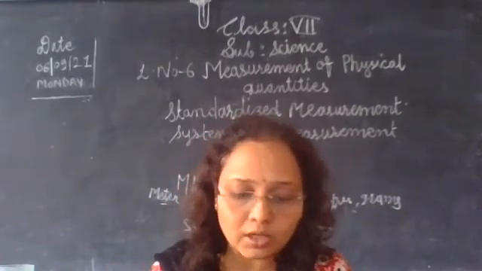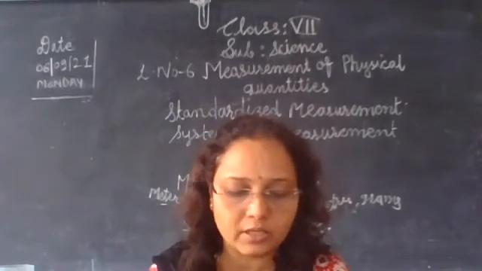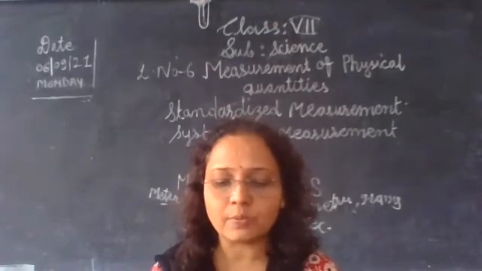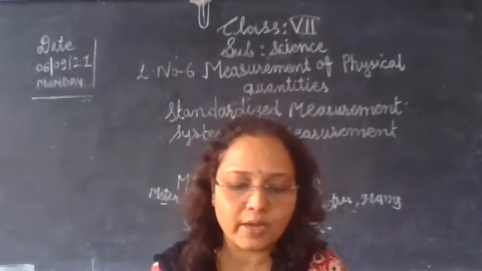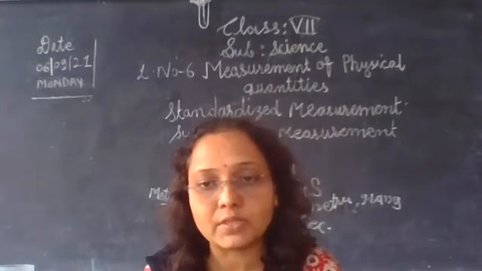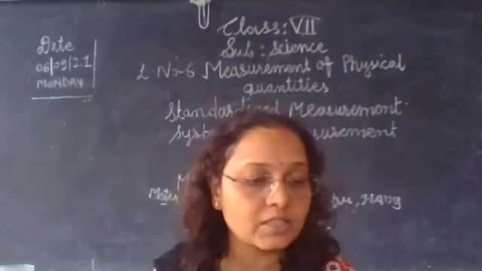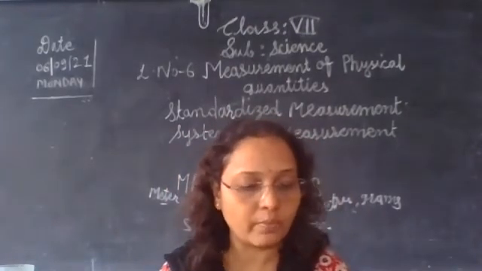As technological advances take place, the system is modified with international consent. That system is based on the meter, kilogram, second, that is MKS system units, and CGS system units of measurement.